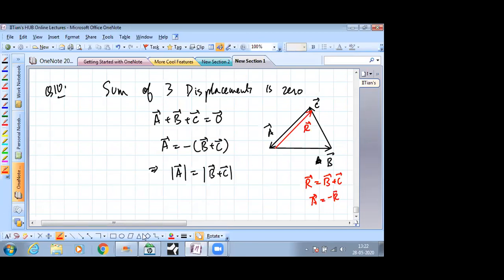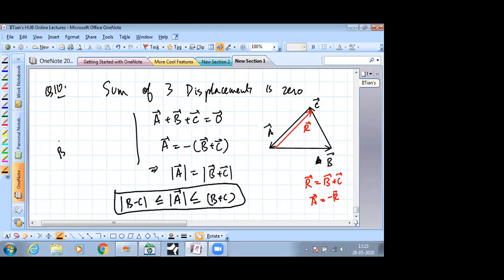So that means the magnitude of A cannot exceed B plus C, and cannot be less than B minus C.